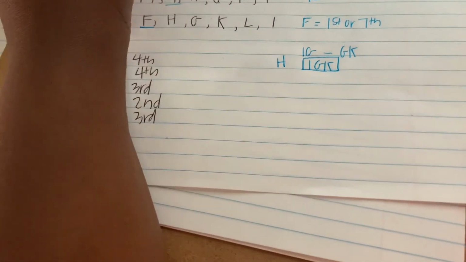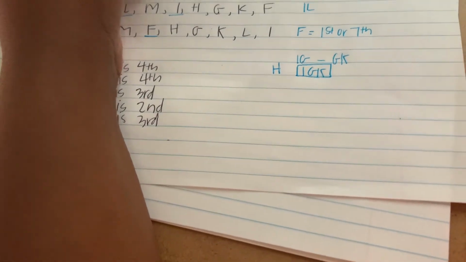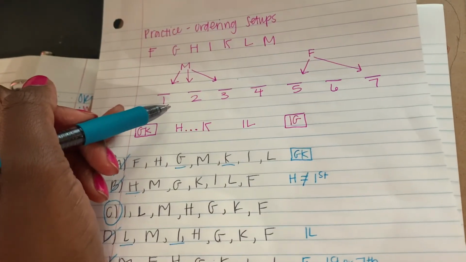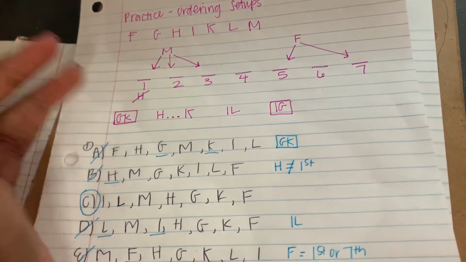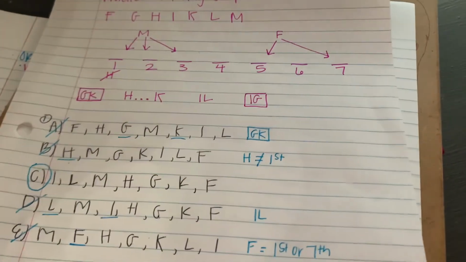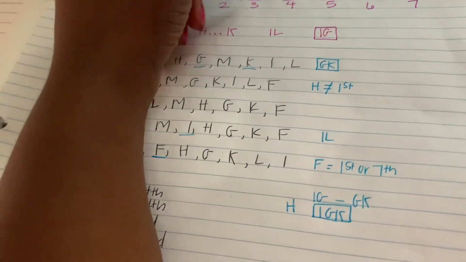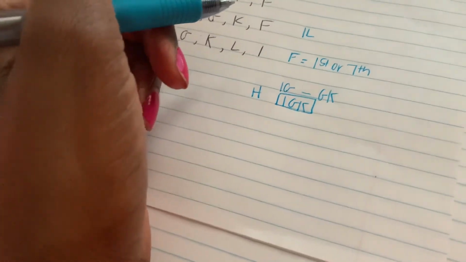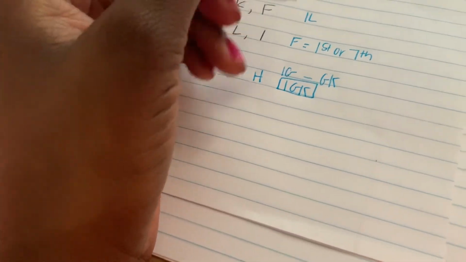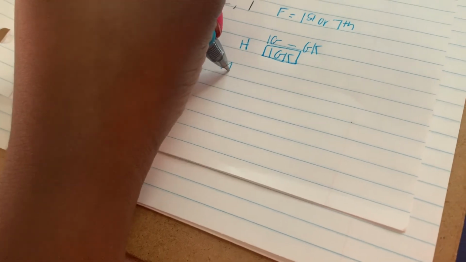But then M also has to be one of three. M has to be somewhere there. We could make M 1, but let me not start guessing.